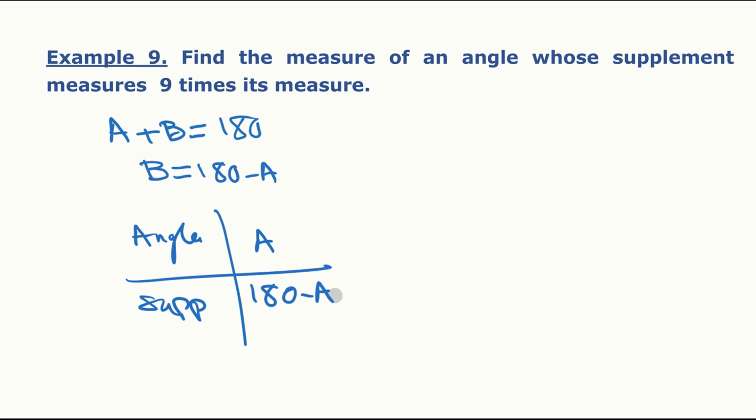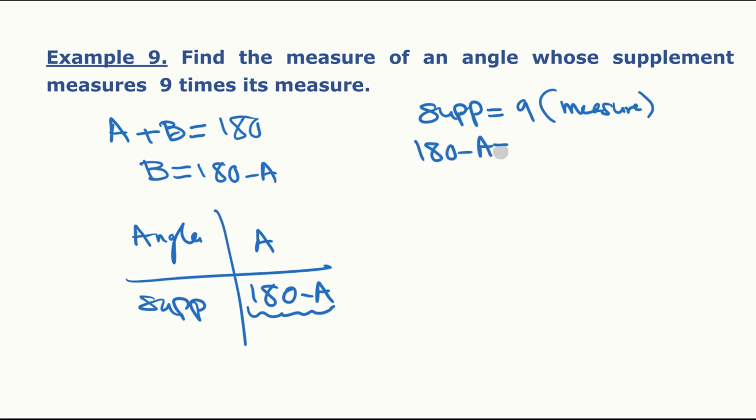Okay, so we want an angle whose supplement, you can do an intermediate kind of equation if you want, is 9 times its measure. So the supplement is right here. So instead of sup, we put 180 minus A. And the measure of the angle, of course, is A itself. There it is.